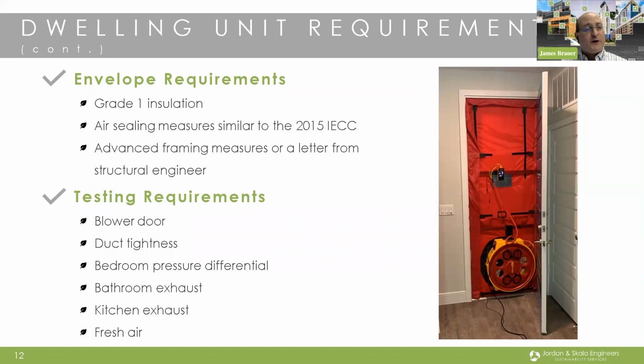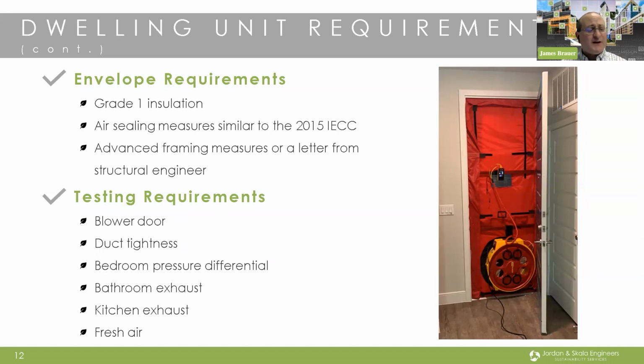There is also a requirement for some advanced framing measures, where we want to make sure that your wall system minimizes thermal bridging. There are multiple ways that you could do it, but one of the easier ways that people comply with this is through advanced framing. Insulation works a lot better than your wood framing, so the more areas for insulation we can have rather than wood, the better performing wall system you have.